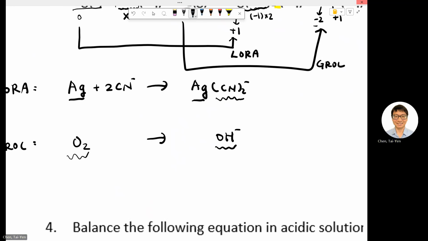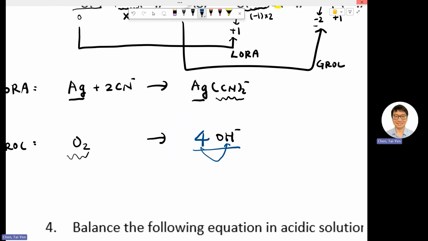Here, you already have 1 OH minus, so what you do is simply multiply by 4 right here. Once you do that, you're going to introduce 4 extra H on the product side.